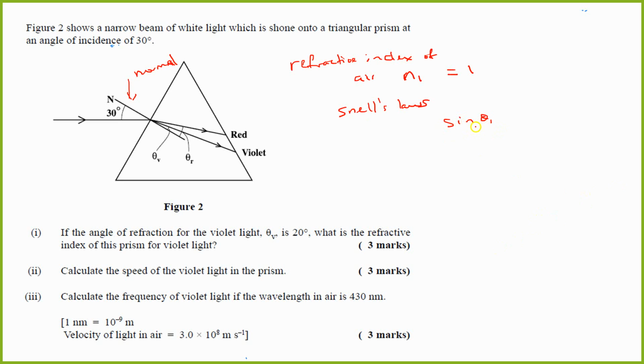It's n1 over n2 equals sine of the incident angle over the refracted angle.